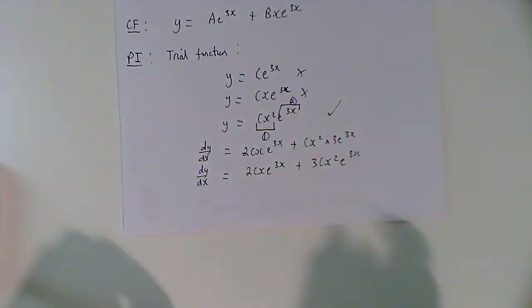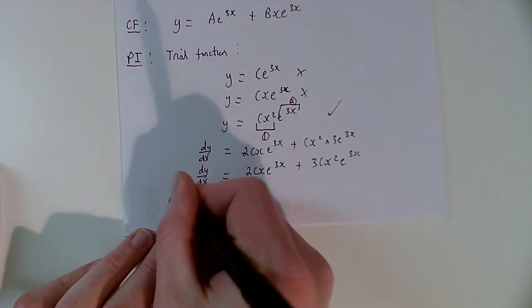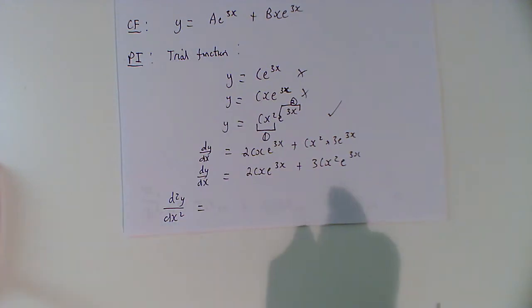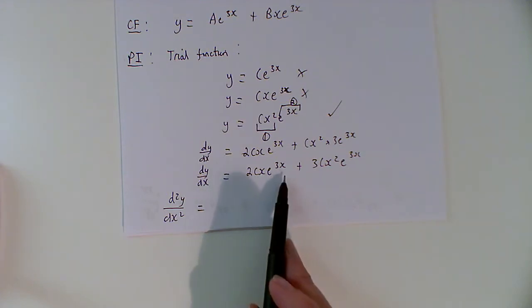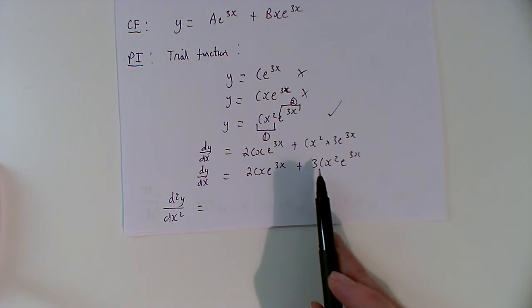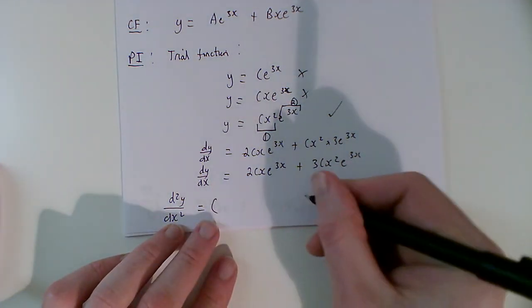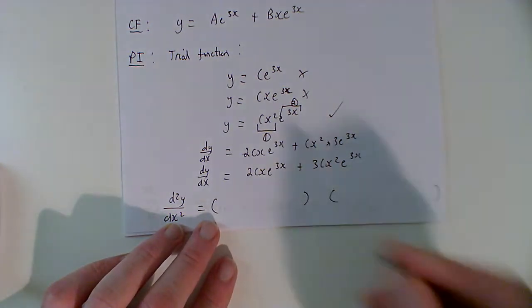Right, now I'm going to have to differentiate it again. So d squared y by dx squared, but this time it's even more tricky because I see that's a product rule, because that's a function of x multiplying a function of x, and this is also a product rule because you've got a function of x multiplying a function of x. I'm going to put my product rule things in brackets.